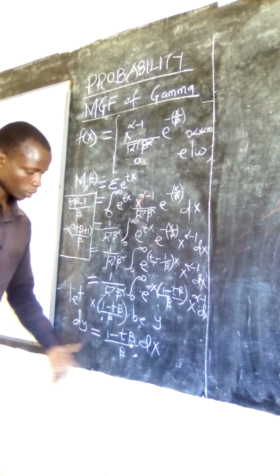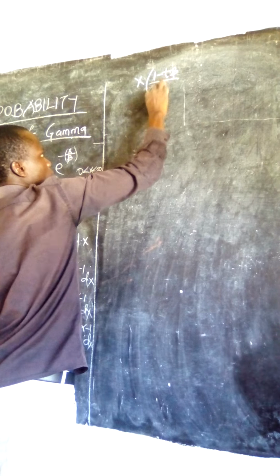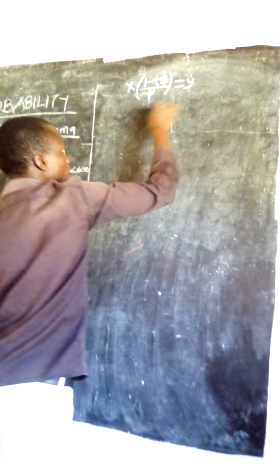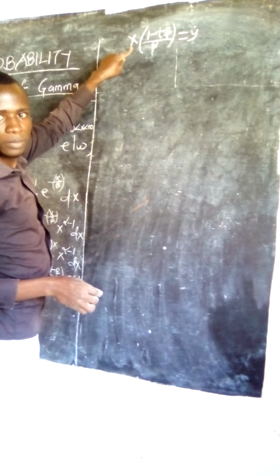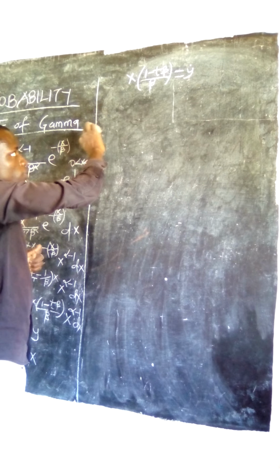Now after this, because I'm using the substitution method, it is better to make both x and dx the subject of the formula. First of all, I want to make x the subject of the formula. How can I do that? Remember, x over (1 − tβ)/β is equal to y, and from here I can make x the subject by multiplying both sides by the reciprocal of the coefficient of x.